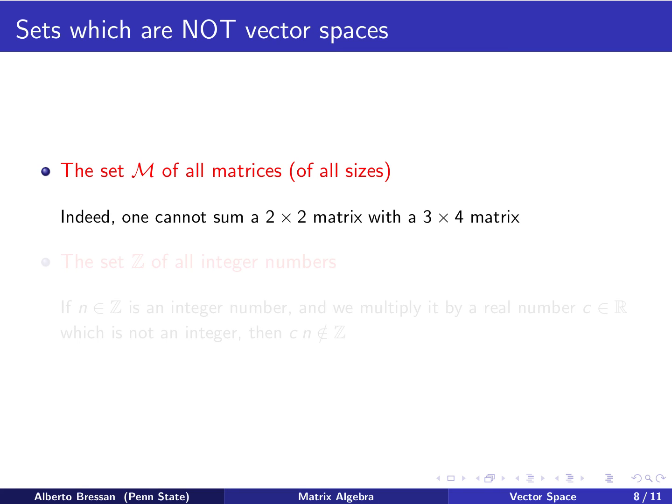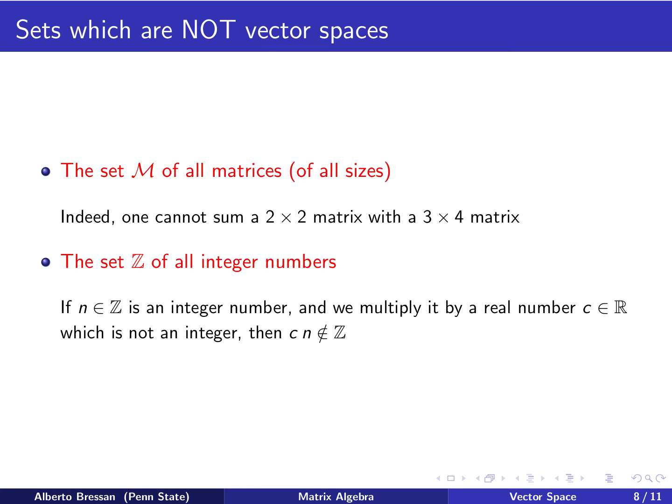Well, no, it can't, because for this to be a vector space, we should be able to add up any 2 elements of it. We can take, for example, a 2x2 matrix, which will be in the set M, and then a 3x4 matrix, which will also be in the set M. But I cannot perform an addition of these 2. Therefore, this is not a vector space.